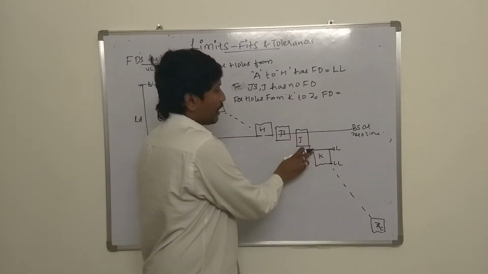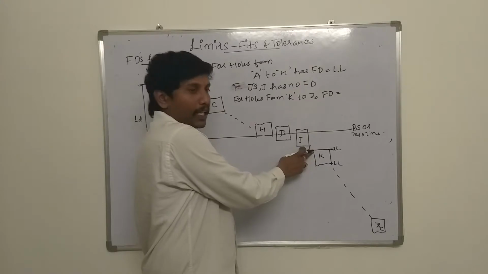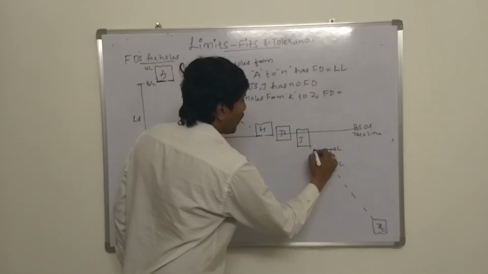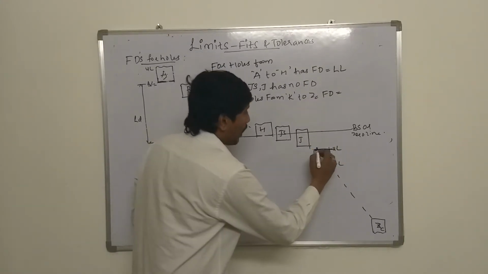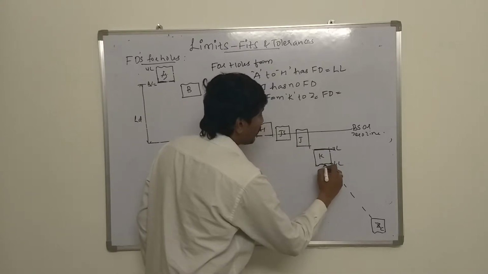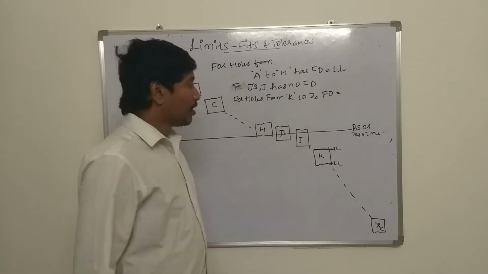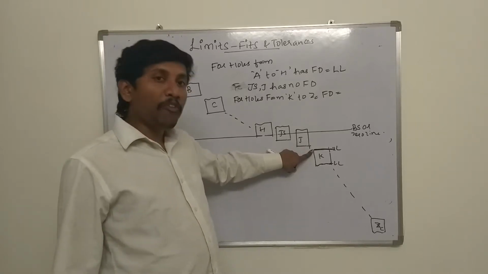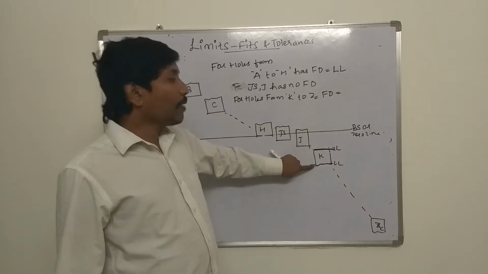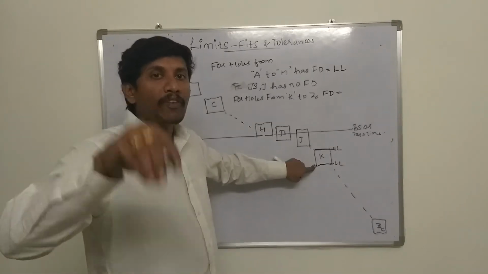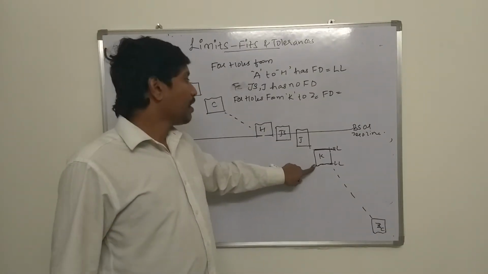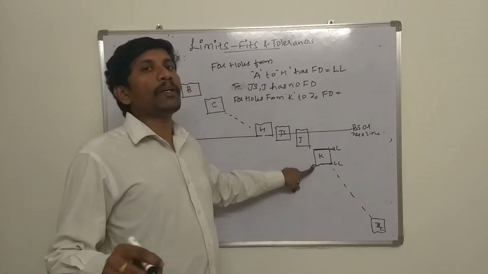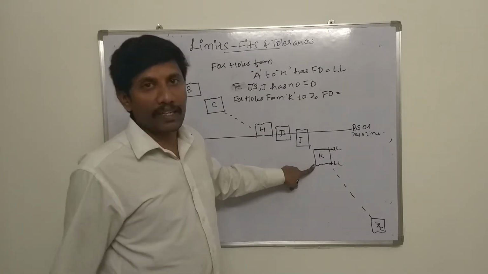Here I have represented upper limit with a straight continuous line, and lower limit in the form of a curve, because here upper limit is fixed. It is the fundamental deviation. The lower limit can be varied by varying the tolerance grade. We will be looking at what we mean by tolerance grade and how many tolerance grades there are.